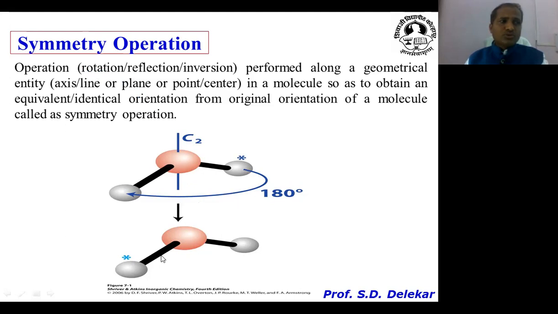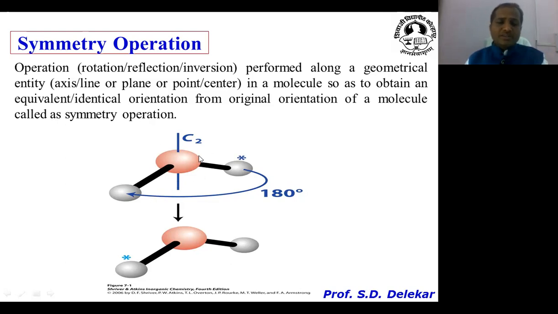In this new orientation, the position of the oxygen atom is as it is. The only change is that the labeled hydrogen is shifted to the site of the unlabeled hydrogen, and the unlabeled hydrogen is shifted to the site of the labeled hydrogen atom. This new orientation is equivalent to the original orientation.